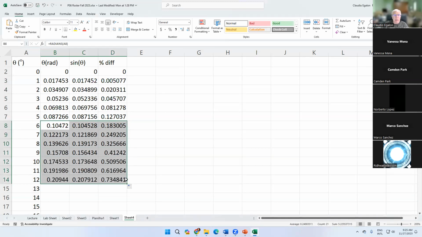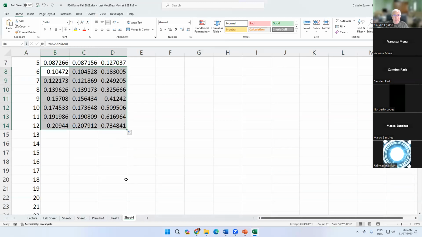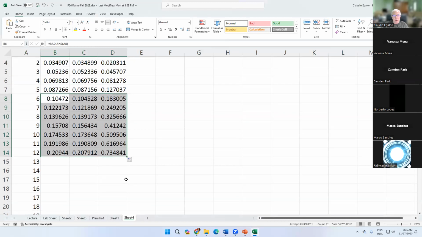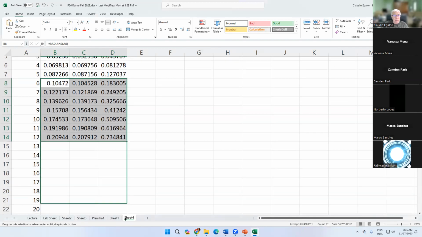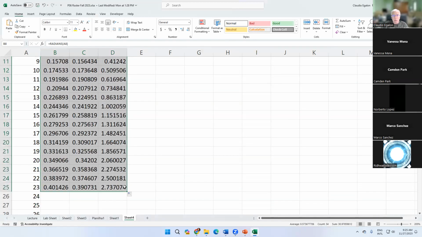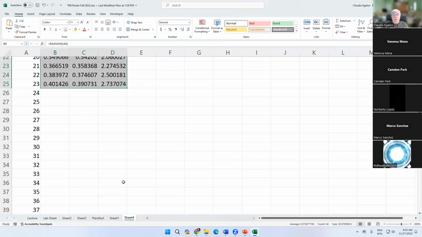Sometimes we can go even up to 10%. Anything less than 10% is negligible. Here we're at 12 degrees, and we have only 0.7% difference between sine of theta and theta. So this approximation, sine of theta approximately equal to theta, is a very good approximation.